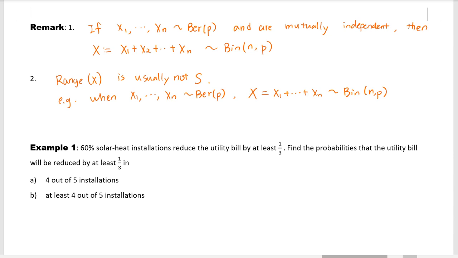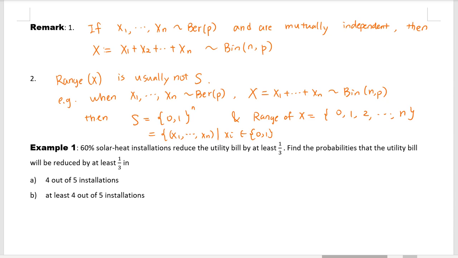Then the sample space is actually 0 or 1, so 0 success or 1 success, and we have n trials. And the range of X is 0 successes, 1 success, up to at most n successes. And you can see they're different. By the way, we can also express this as X1, ..., Xn where each Xi is in {0, 1}.